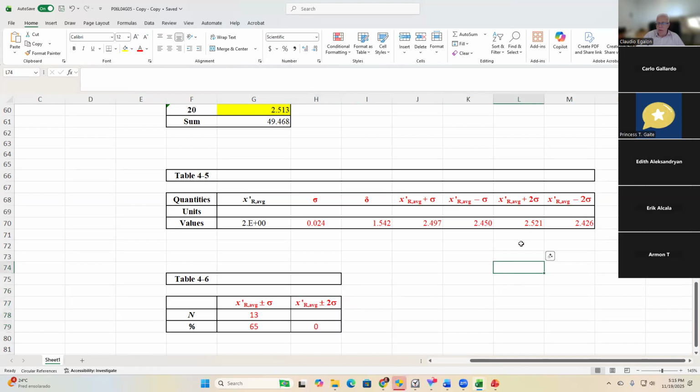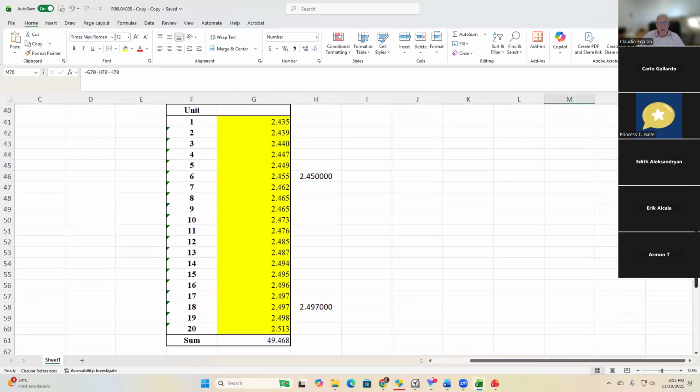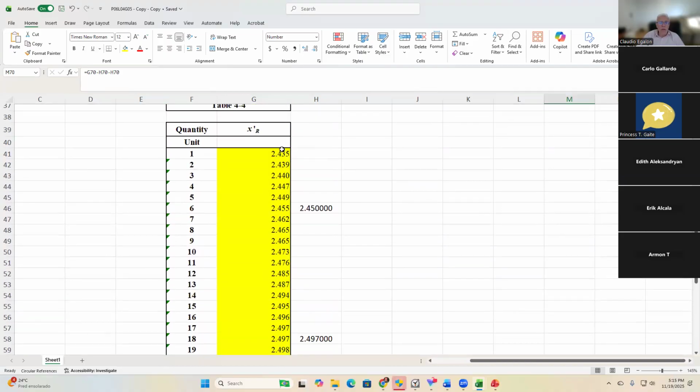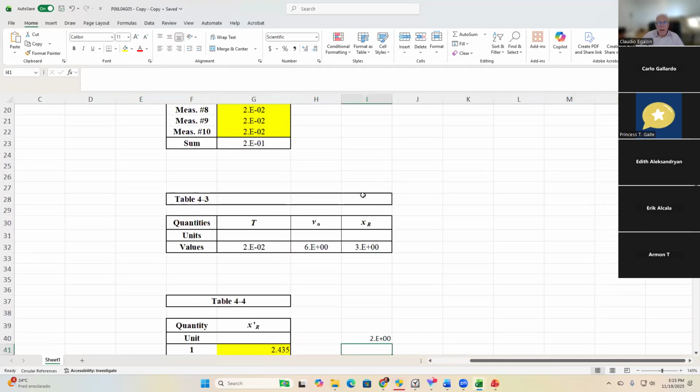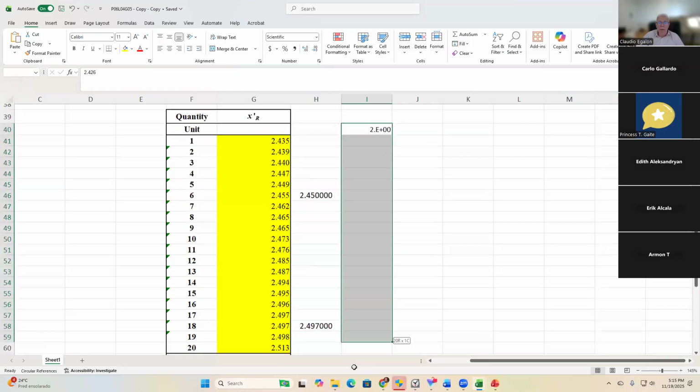Plus and minus 2 sigma, we start with minus 2 sigma. 2.426. 2.426 is outside this range. I'm going to put it here, 2.426, right? And again, I got to put it in the proper format.